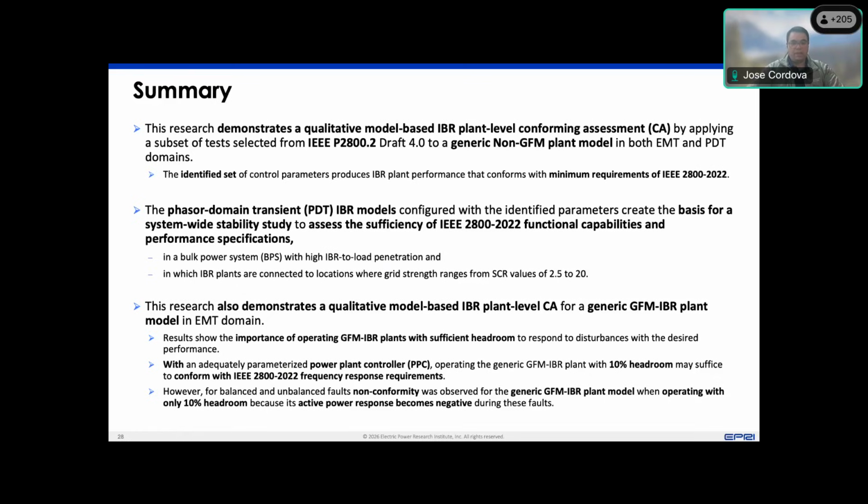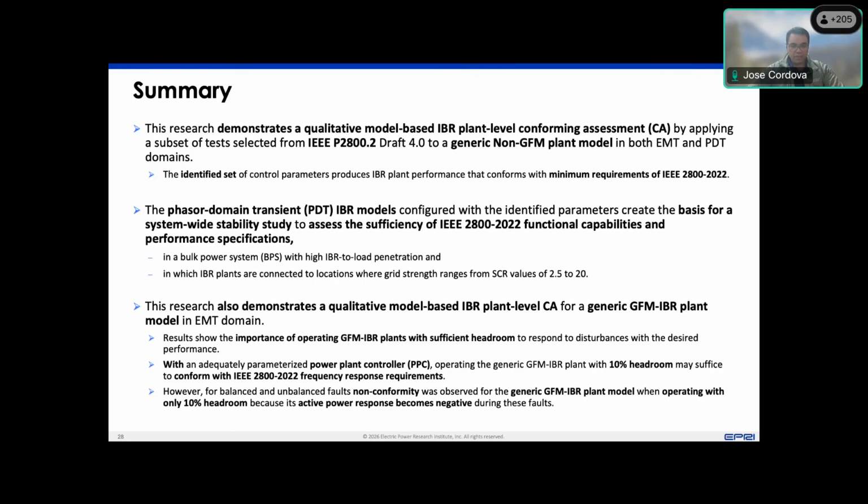And another conclusion is that for the grid forming IBR units, it is very important to know what the operation point is and how much flexibility you can give to the inverter in order to respond to these events, and also that adequate parameterization is needed for the inverter to react to different SERs, or grid strength at different levels.